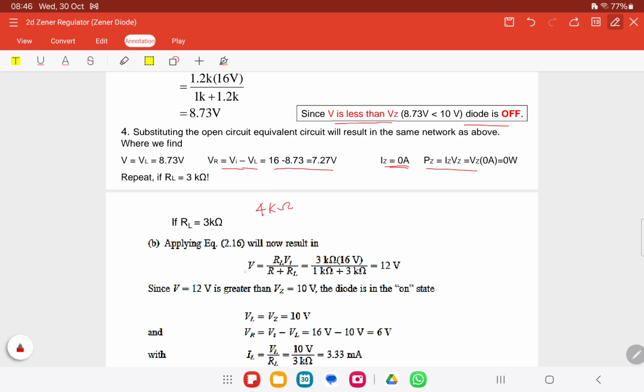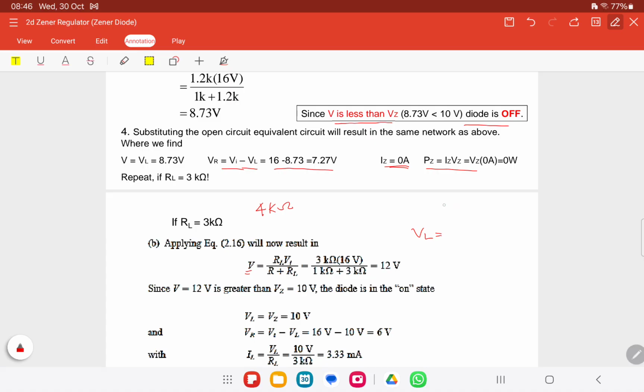Okay, so please get me the VL value. This is VL. Because first we need to determine the diode is on or off. Amir, berapa VL? 16? 16.